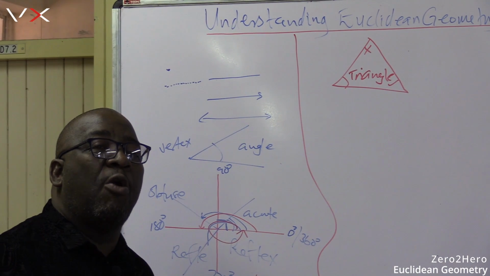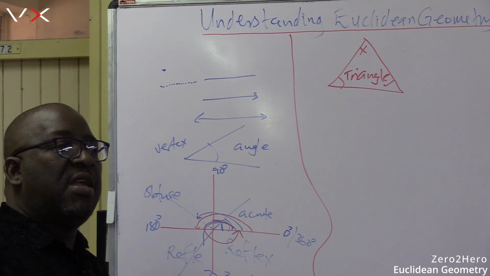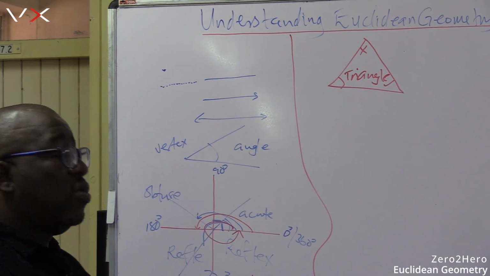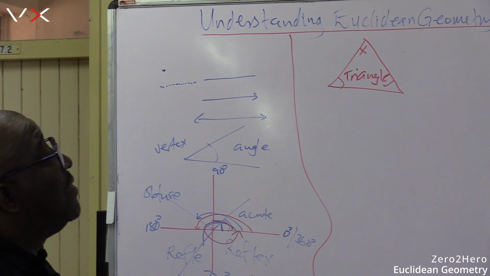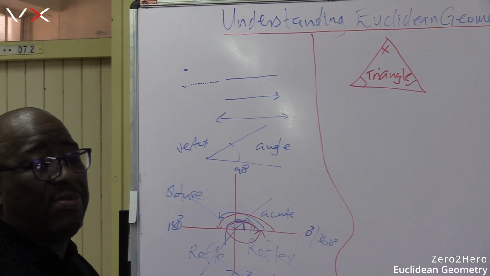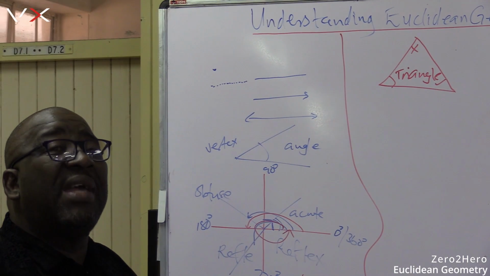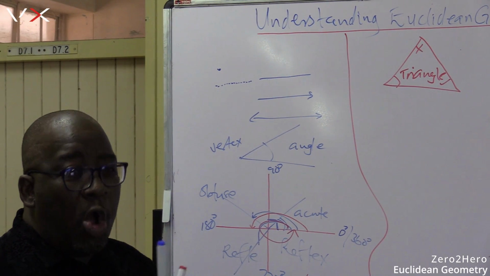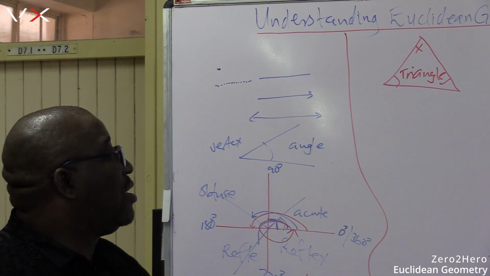Even if you see it in a complicated diagram, don't lose that. If we add those 3 angles, they give us 180 degrees, which is supplementary. Supplementary angles means they add up to 180 degrees. Complementary means they add up to 90 degrees.